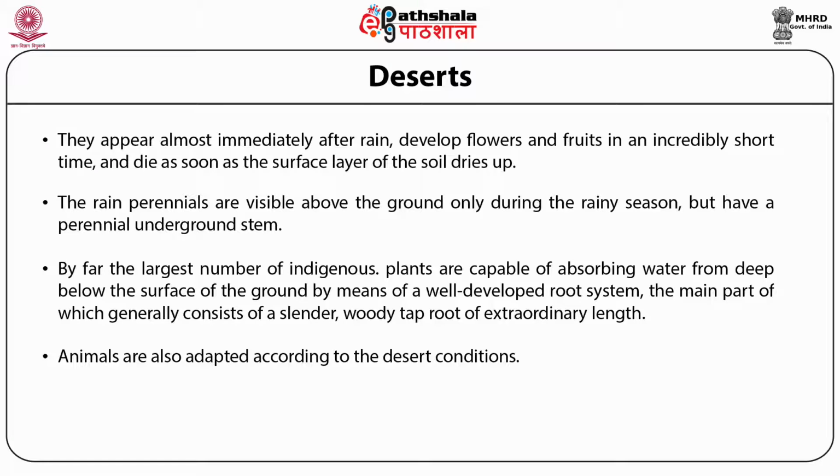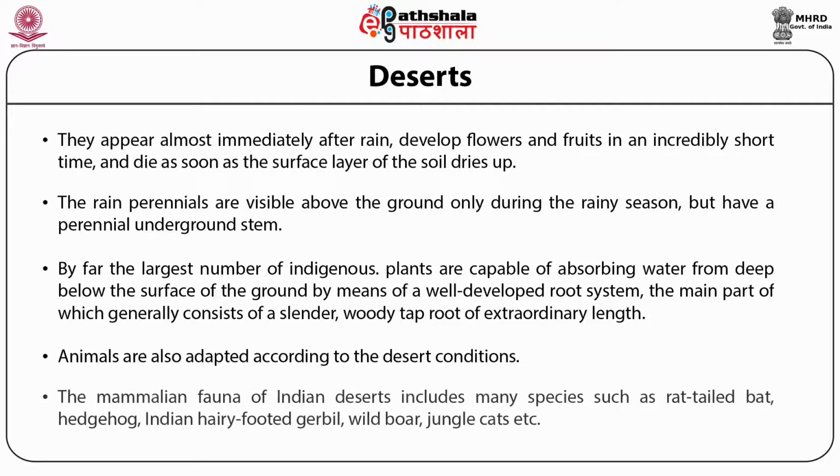Among predominant predatory birds are two species of vulture, namely Gyps bengalensis and the white vulture Neophron. The mammalian fauna of the Indian desert includes many species, some of which are rat-tailed bat, hedgehog, Indian hairy-footed gerbil, wild boar, jungle cats, panthers, etc.